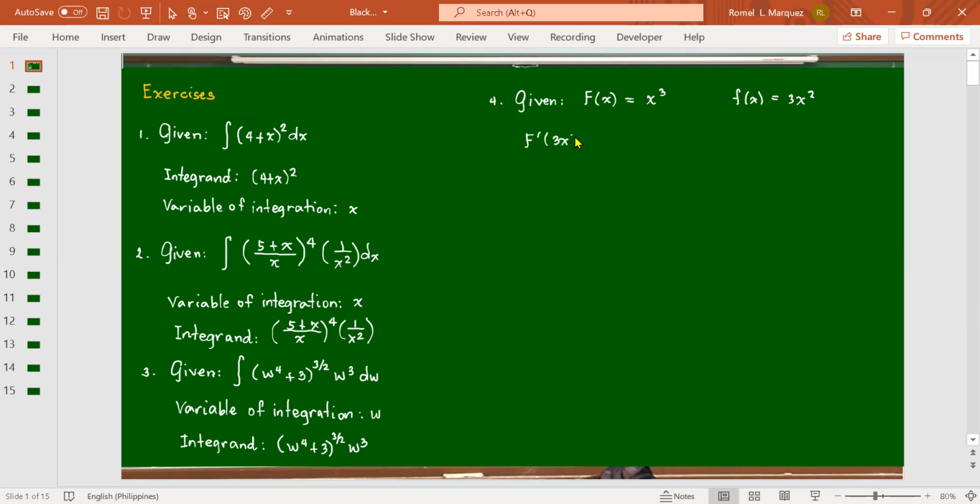Am I right, guys? And this happens to be small f of x. Since the derivative of big F is equal to small f, we say that big F is an antiderivative of what, guys? Of small f of x.